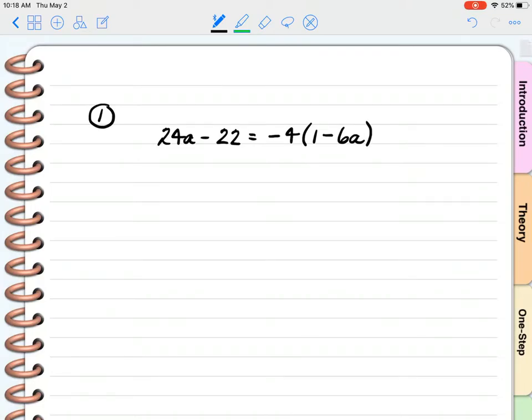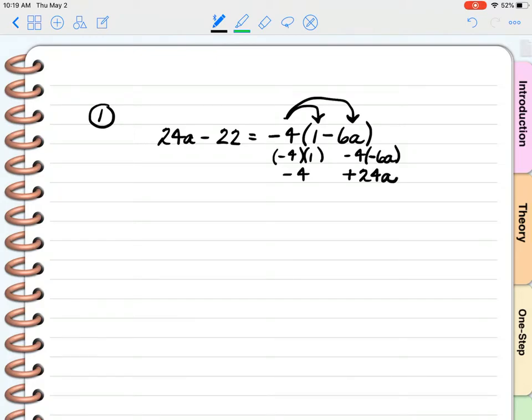So hopefully you realize that before I draw the frame, I need to do the distribution. We've got to get the parentheses out of there. So negative 4 times 1 is negative 4. And negative 4 times negative 6a is positive 24a.